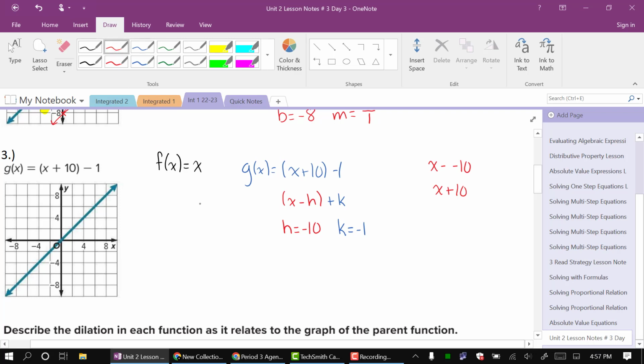So what's happening in this problem? Well, we're shifting to the left 10, and then we're coming down 1. So shifting to the left 10, down 1. Let's go ahead and build our graph here. So y equals x. We combine these two together, we get plus 9.